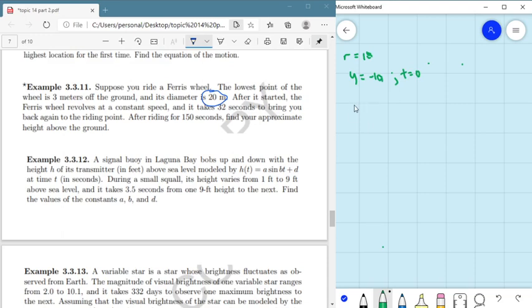So that is why we can have y is equal to -10 cosine bt, where t must be greater than or equal to 0.